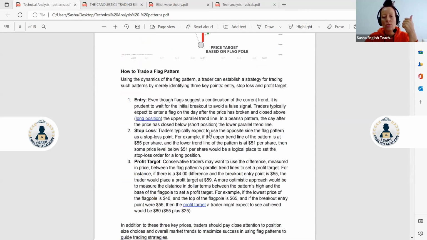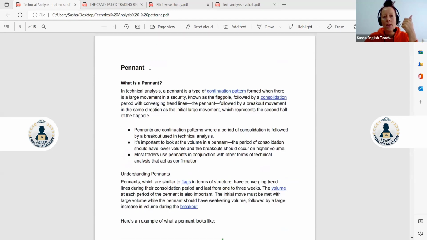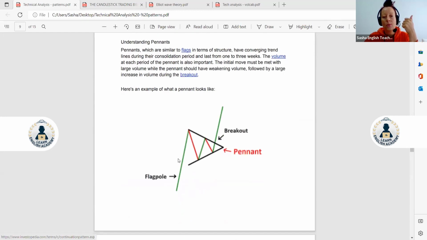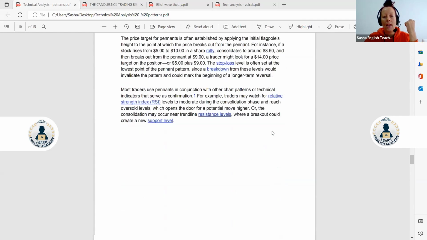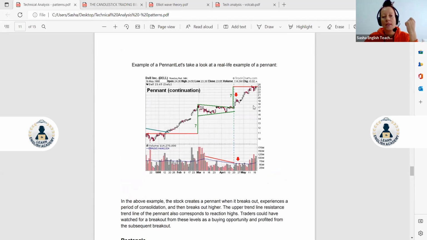Those were our two flags. Then we have the pennant, which looks like this, also with the flagpole and the breakouts. And then here you have your real example that you can see.